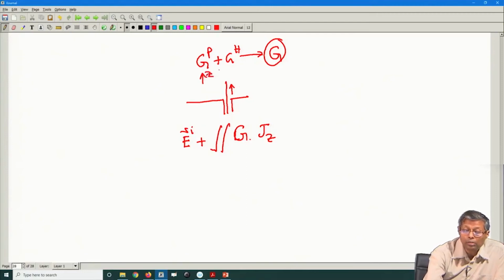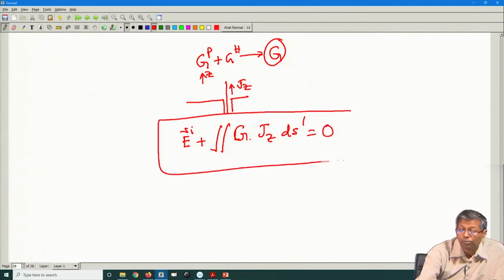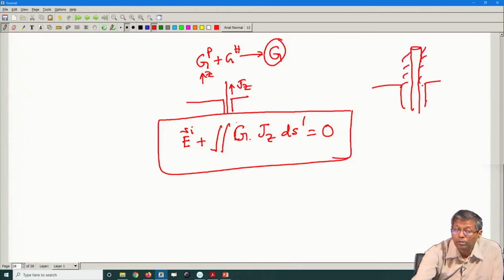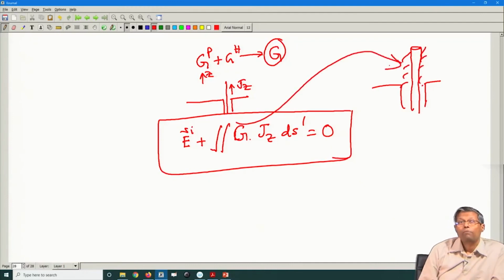So, this is the z direction. So, this is Jz times ds prime, that will be equal to 0 on the surface of the probe, because the probe is a conducting surface. So, this is the probe. This is a conducting surface over which this equation is applied.